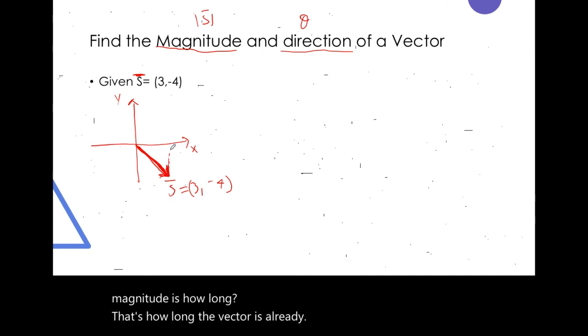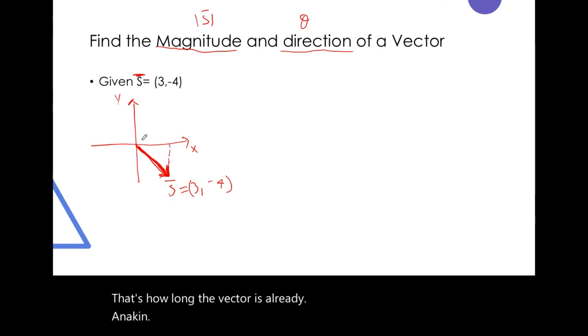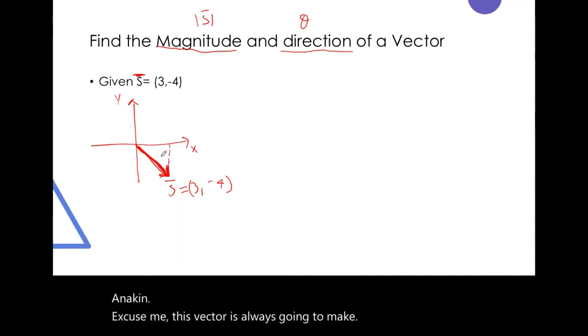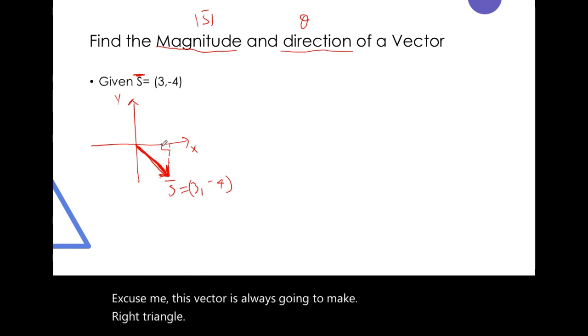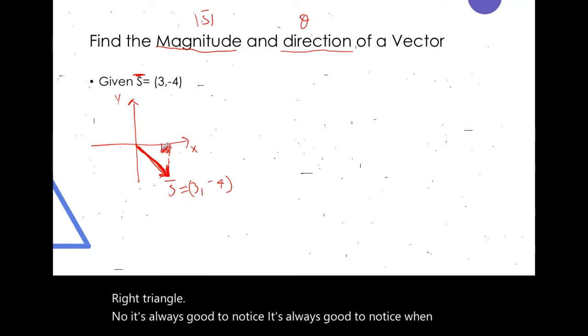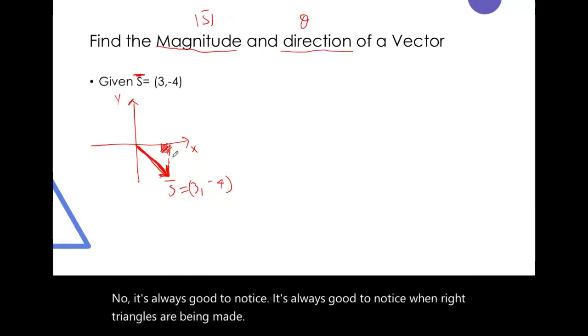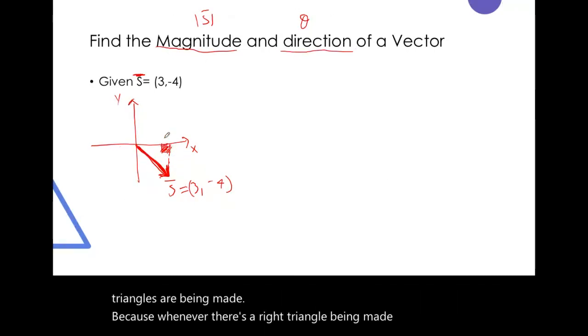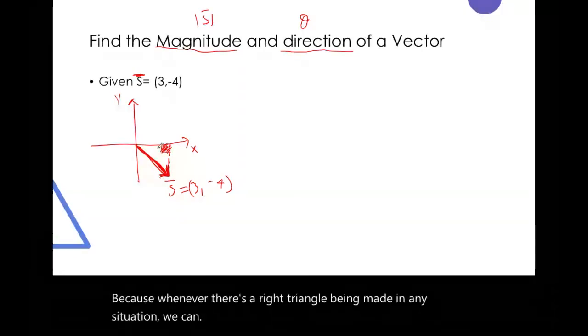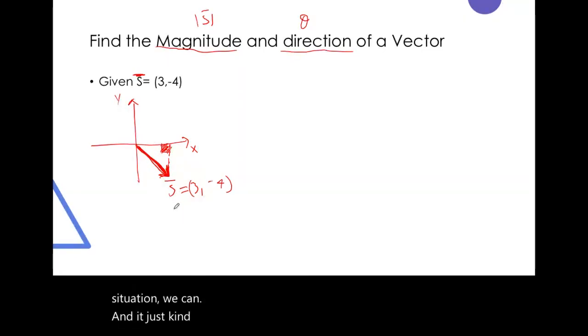And again, excuse me, this vector is always going to make a right triangle. It's always good to notice when right triangles are being made, because whenever there's a right triangle being made in any situation, we can use trig, and it just makes things better.